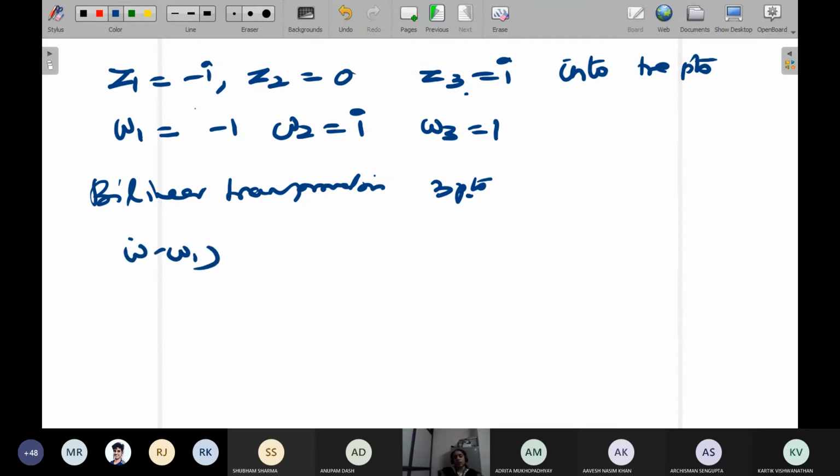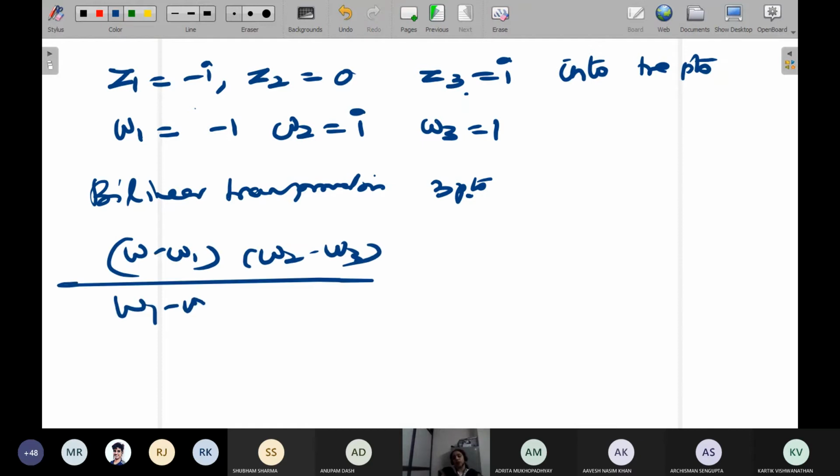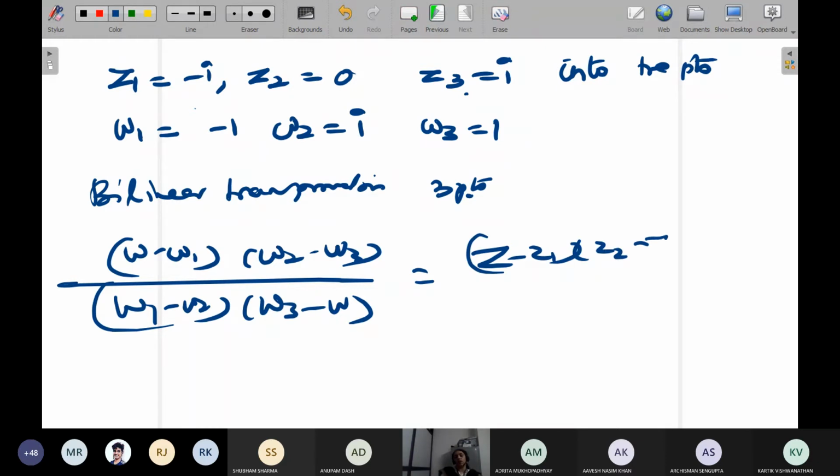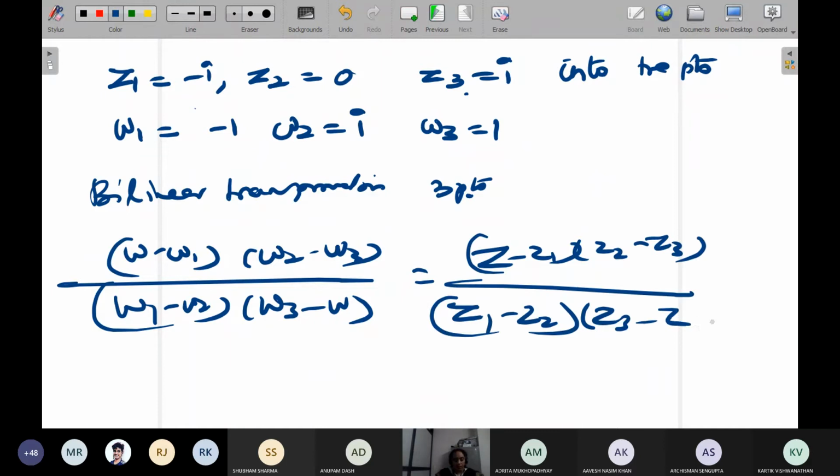W minus W1 into W2 minus W3 divided by W1 minus W2 into W3 minus W is equal to Z minus Z1 into Z2 minus Z3 divided by Z1 minus Z2 into Z3 minus Z. Now what we are going to do, we are going to substitute the values of W1, W2, W3 and similarly Z1, Z2 and Z3. Okay, so let us substitute.